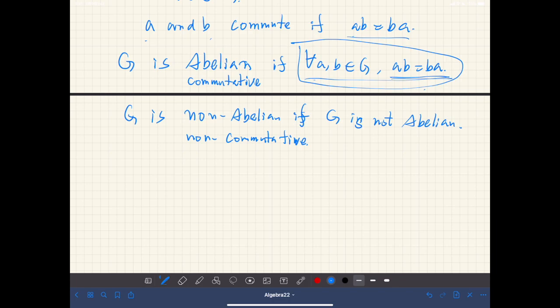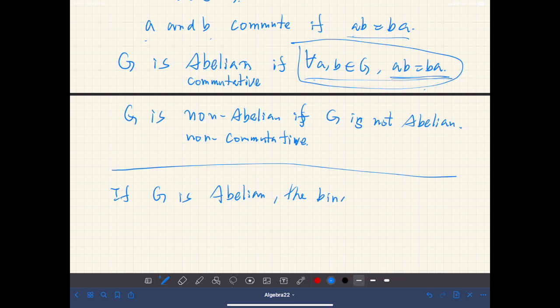And furthermore, if a group is abelian, we tend to write the binary operation as addition. If G is abelian, the binary operator is, not always, but often, denoted as a plus sign.